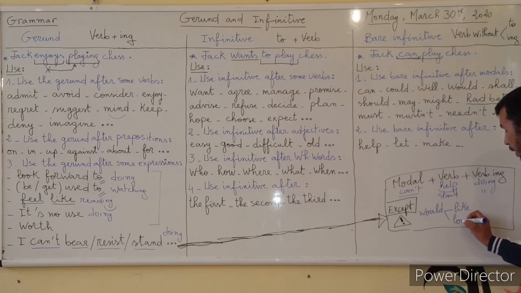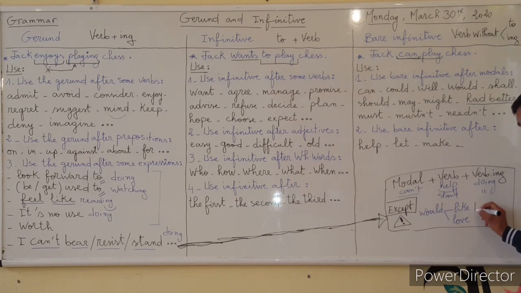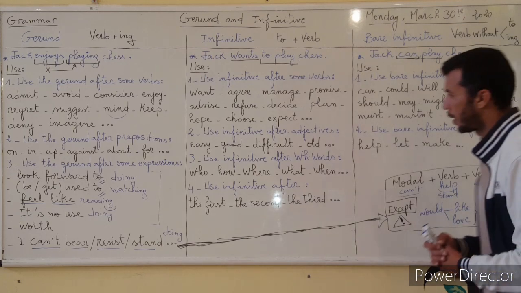This is the only exception that we have in English, especially in national exams. I would like or I would love to do. But apart from these two cases, the rest of modals plus verbs are to be followed by ing. Is that okay here? Let's move to some practice.